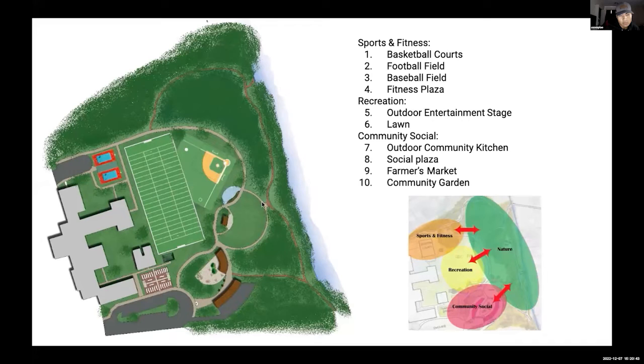For the social community area, there will be an outdoor community kitchen, social plaza, farmers market, and a community garden. And the last area is nature. There will be nature trails in the woods, also connected to other parts of the community.